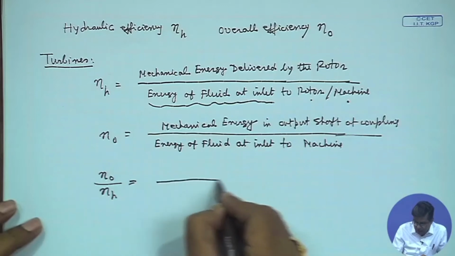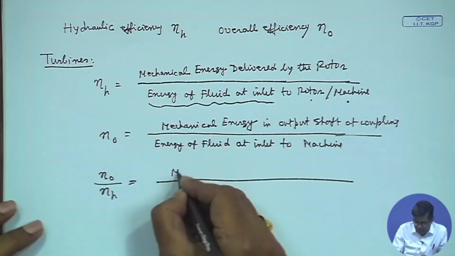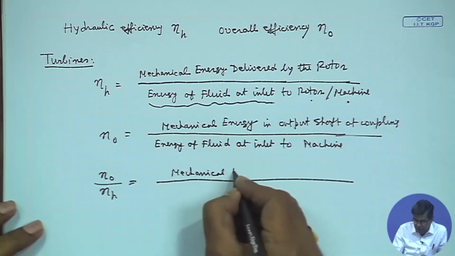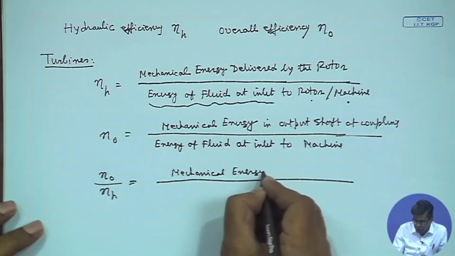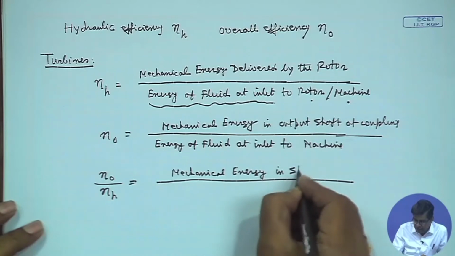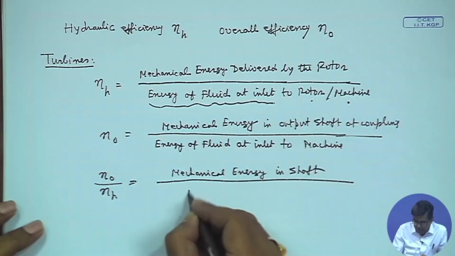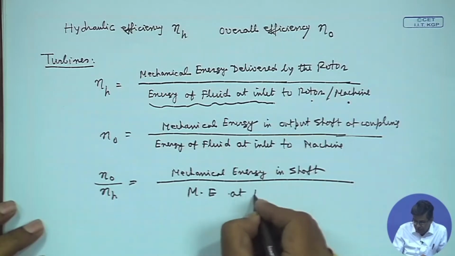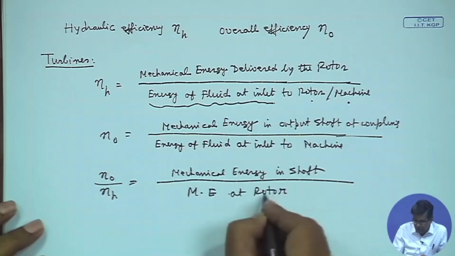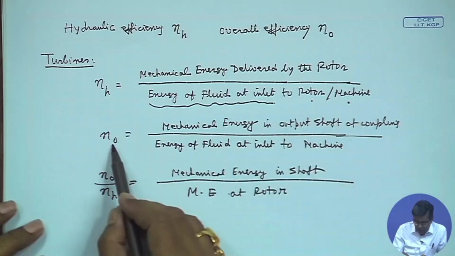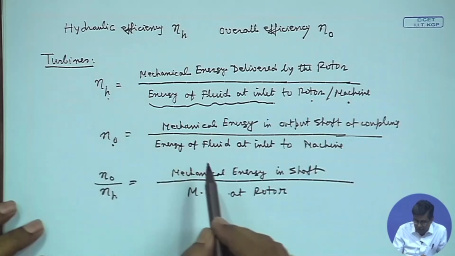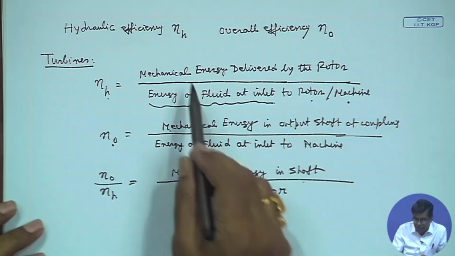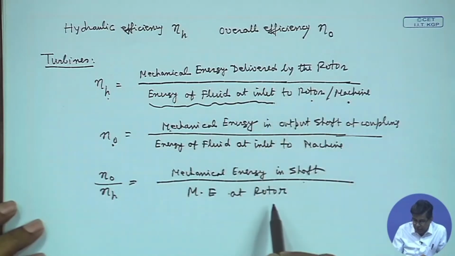What we get is the mechanical energy in the output shaft divided by the mechanical energy delivered by the rotor. That means overall efficiency divided by the hydraulic efficiency is the mechanical energy in the output shaft divided by the mechanical energy delivered by the rotor.